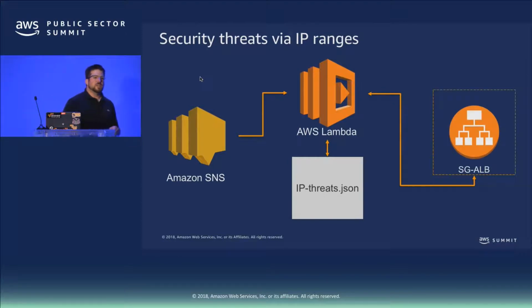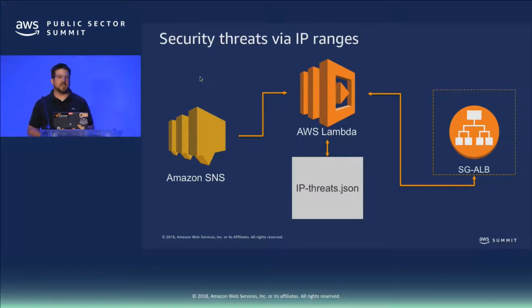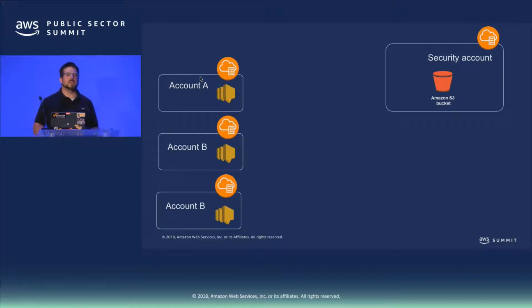So in plain English, you can put a threats file inside of your organization, make changes to it on the fly, and then have it be associated with an SNS topic that various accounts are listening for. And when you make changes to the file, your SNS topic or your Lambda function will basically fire and change the security group.